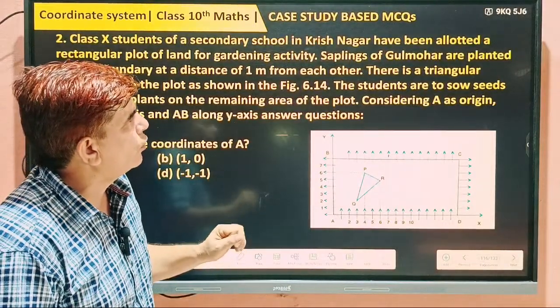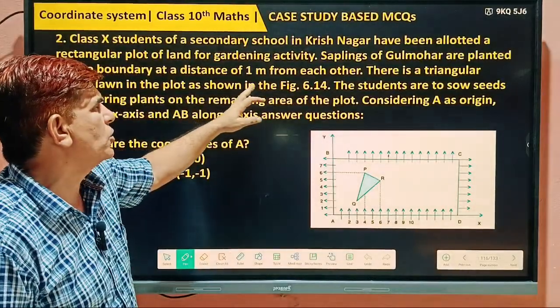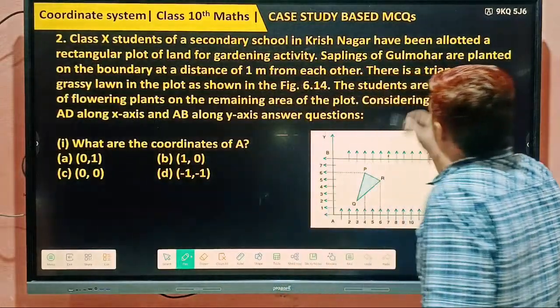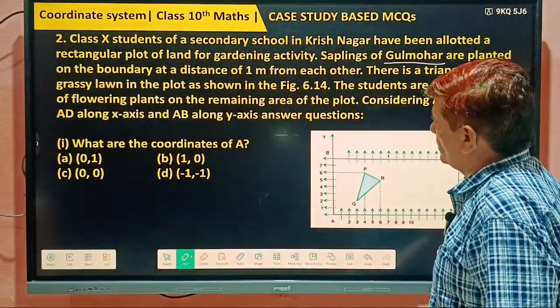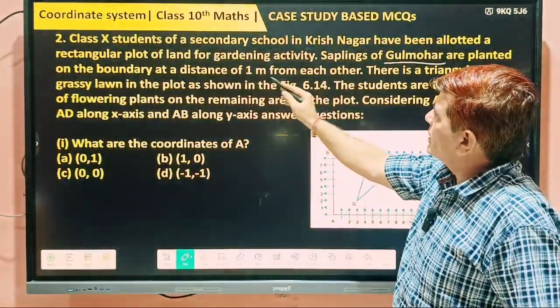Saplings of gulmohar, a flower, are planted on the boundary at a distance of 1 meter from each other.